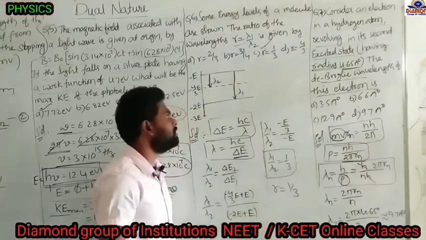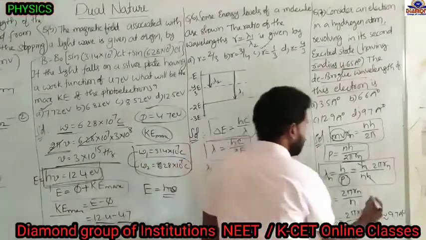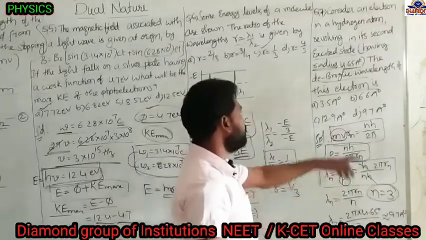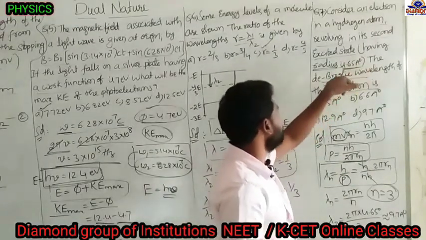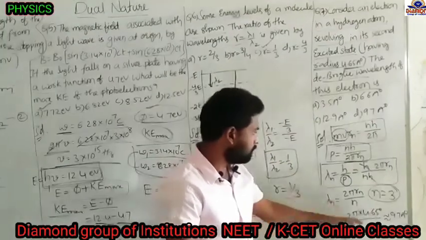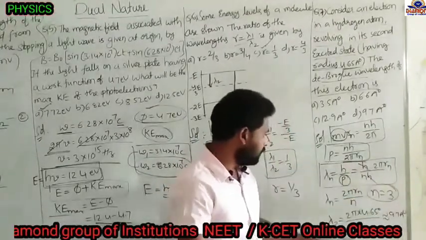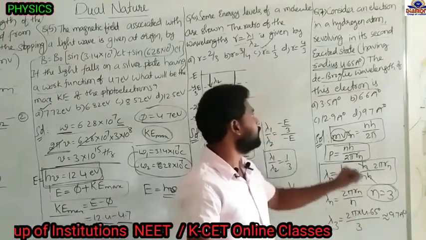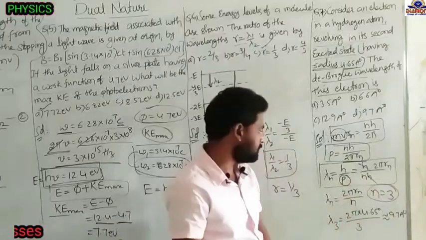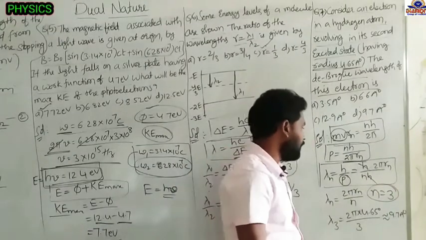What is n here? It is in the second excited state, so n equals 3, and the radius of that state is given as 4.65 angstroms. So lambda 3 equals 2 pi into 4.65 angstroms by 3.